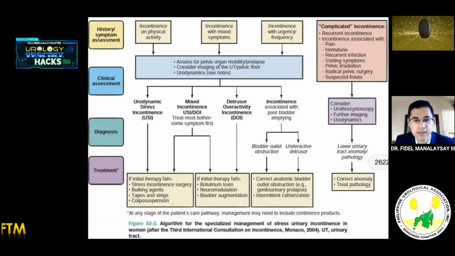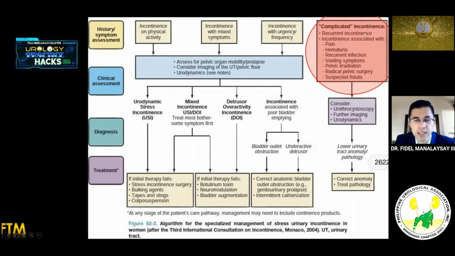This flowchart I obtained from Campbell. I just want to show you this flowchart to focus on this part. We know that a patient has a complicated urinary incontinence if it's recurrent, if the incontinence is associated with the following: pain, hematuria, recurrent infection, if the patient has voiding symptoms, with a history of pelvic radiation or a history of radical pelvic surgery, or in a patient with suspected fistula.